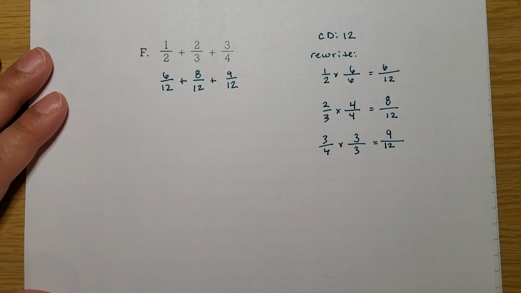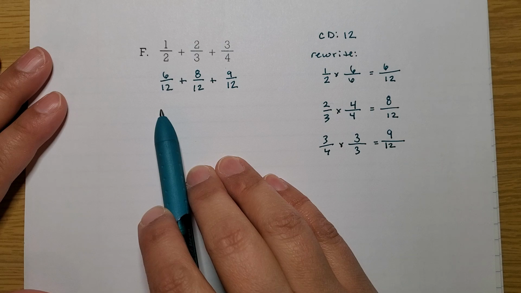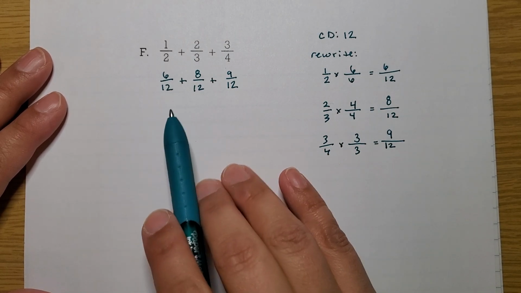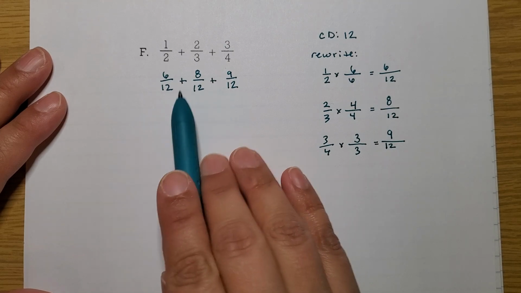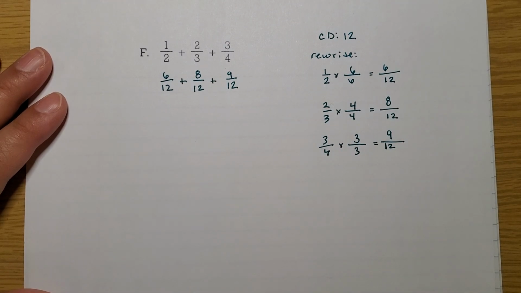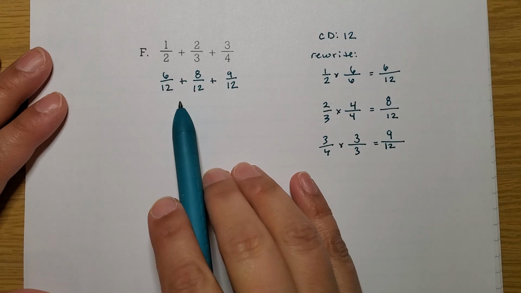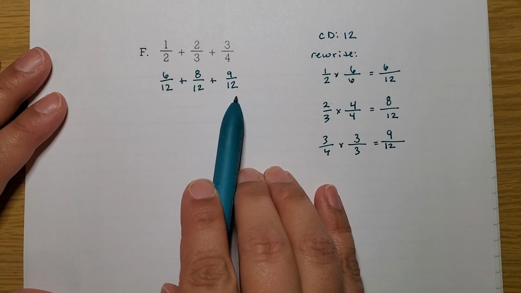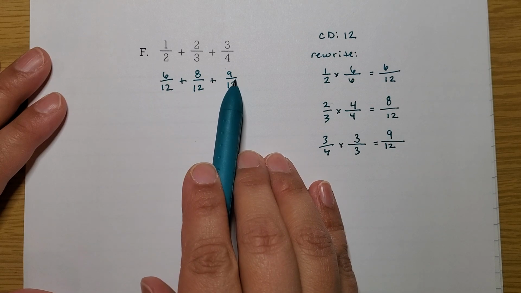Now what? Well, I'm not going to simplify, even though I want to. I'm not going to simplify because I noticed these adding signs, and adding means simplify at the end. Wait till the end to do the simplification. So since they all have the same denominator now, I'm going to add across the top.